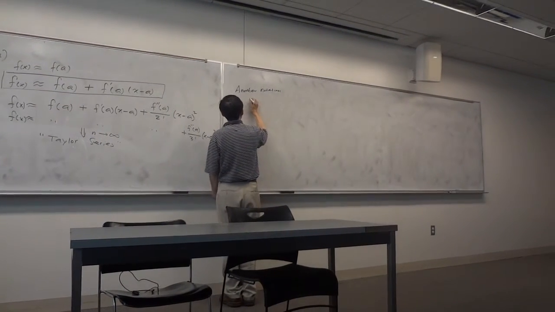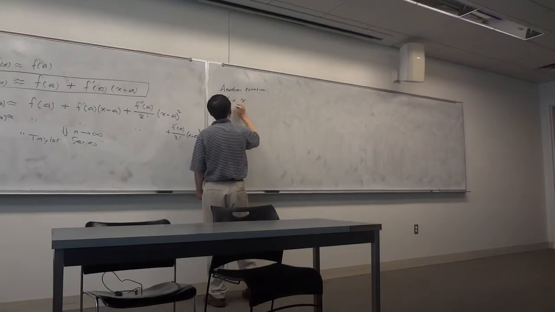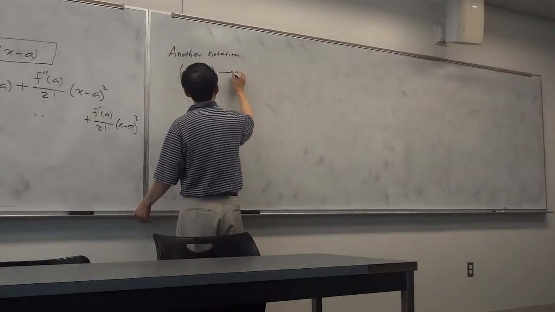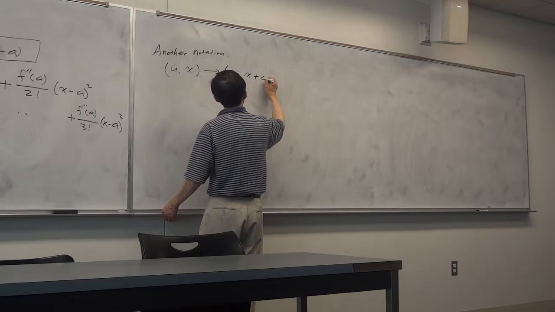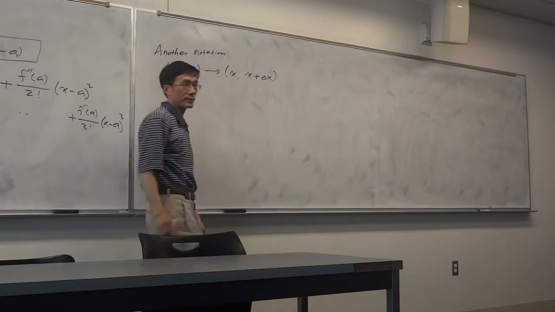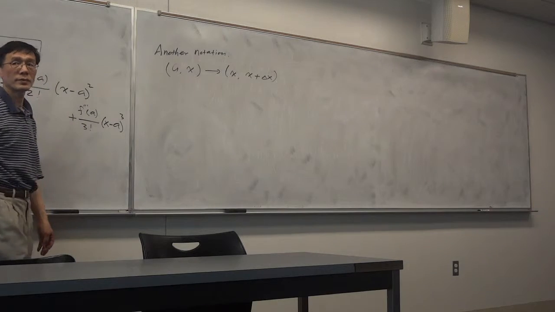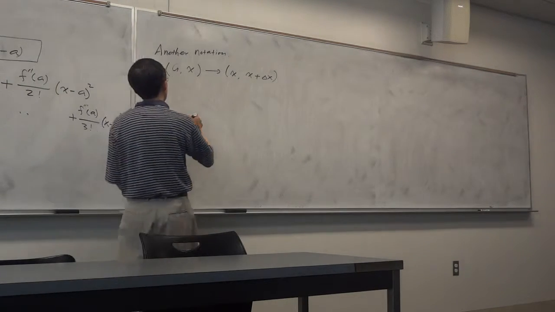So instead of a and x, now you're going to have x and x plus delta x. That is a new notation. All right? It's really just a notation.